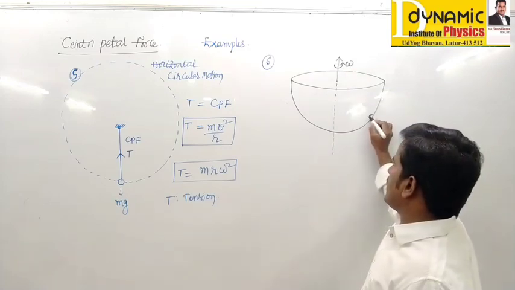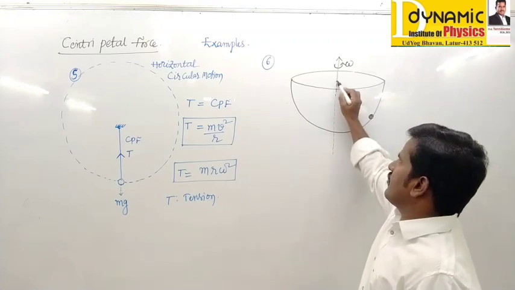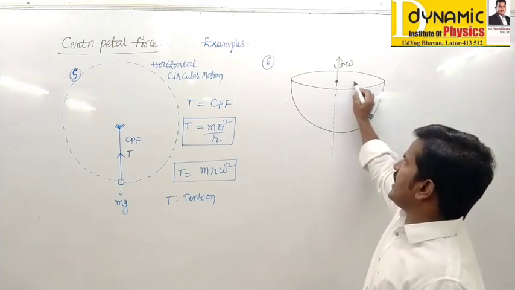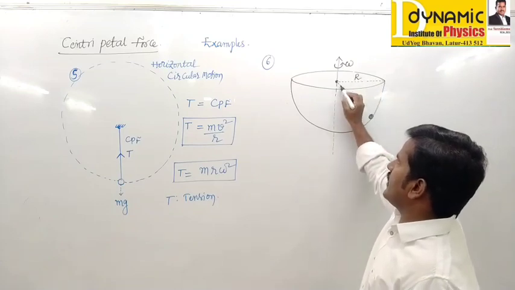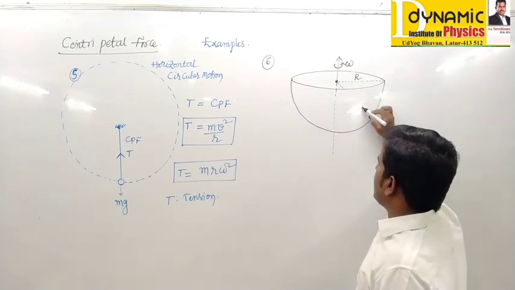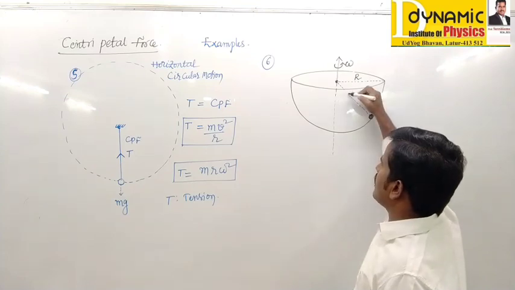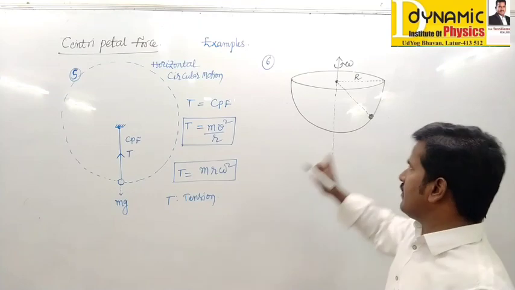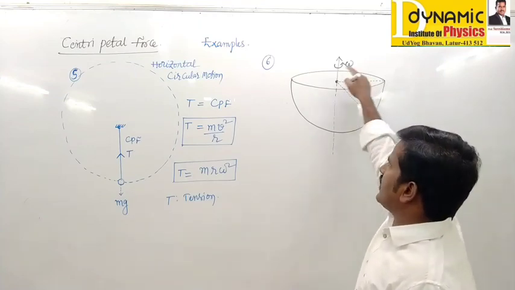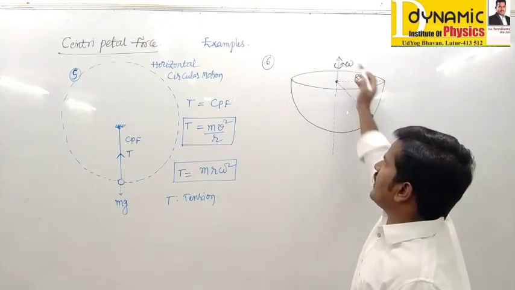One body is on this bowl. The radius of the bowl is capital R. This is one hemispherical bowl, rotating with angular velocity omega.